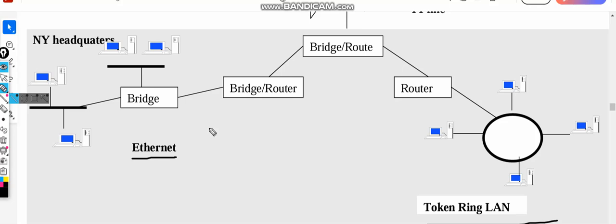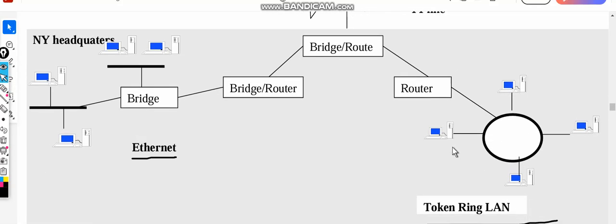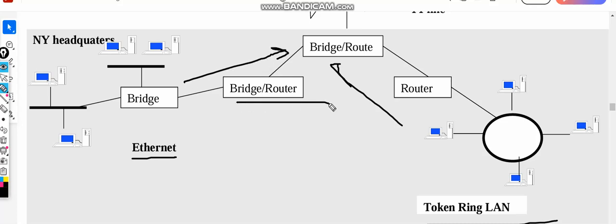Both these networks are connected to the frame relay ATM via bridge or B router. The router is connecting the token ring LAN to a bridge or router.